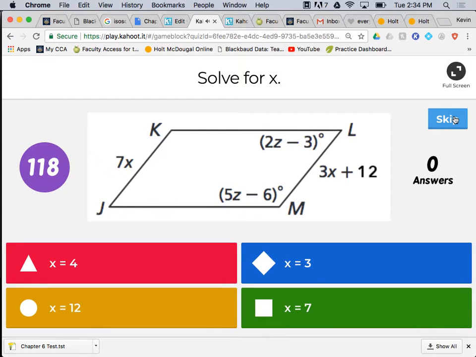Now this one you're solving for X. We did a question almost exactly like this. It was a little different though. I changed the numbers.